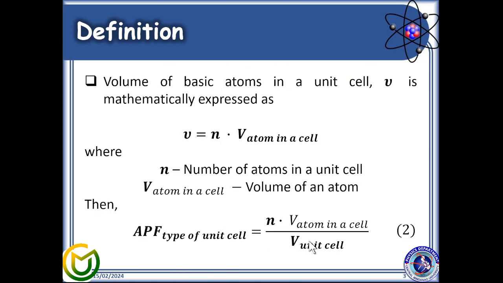But the volume of atoms in a unit cell, that is mu, is mathematically expressed as n times the volume of an atom, where n, of course, stands for the number of atoms in a unit cell, and v is the volume of an atom. Then we can elaborate equation 1 by plugging this expression, and we obtain equation 2.